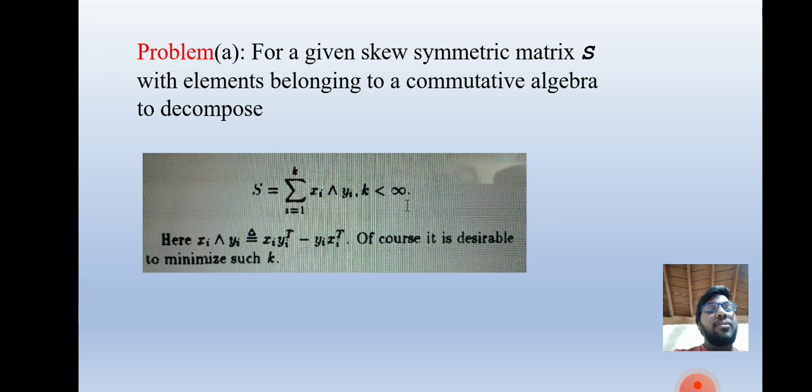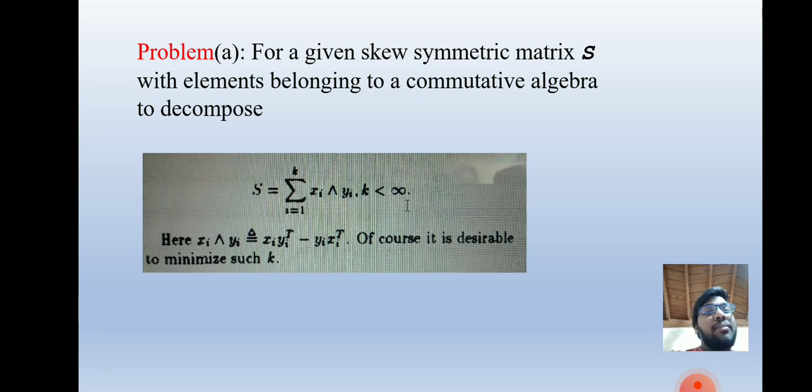Let S is equal to sigma i equal to 1 to k of xi symmetric yi, k less than infinity. Here xi symmetric yi means xi yi transpose minus yi xi transpose. Of course it is desirable to minimize such k.